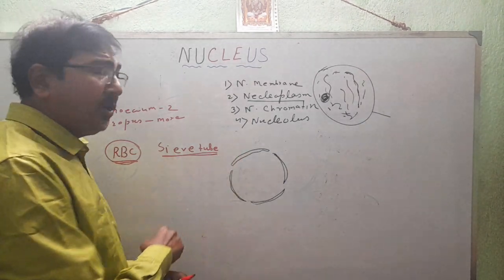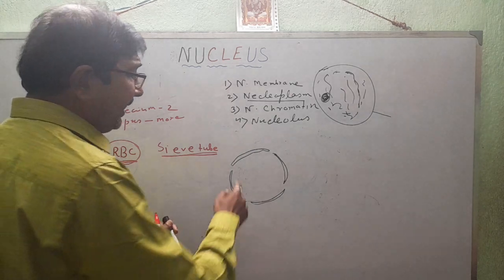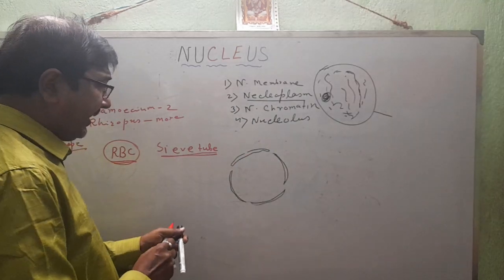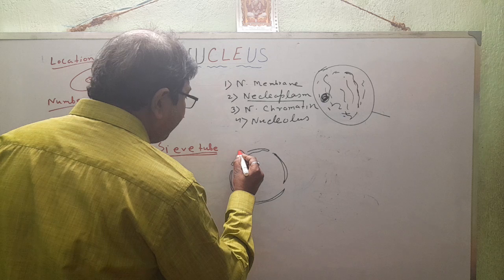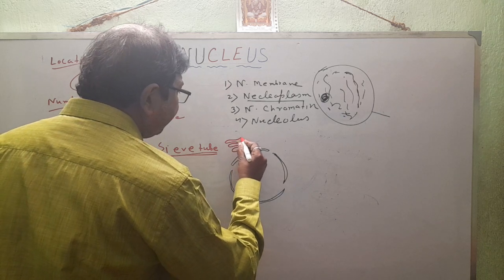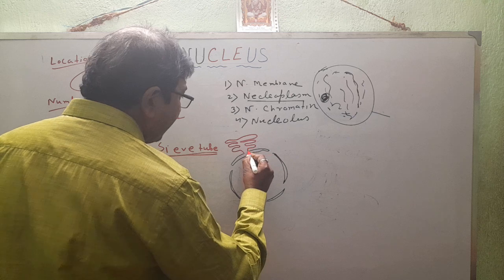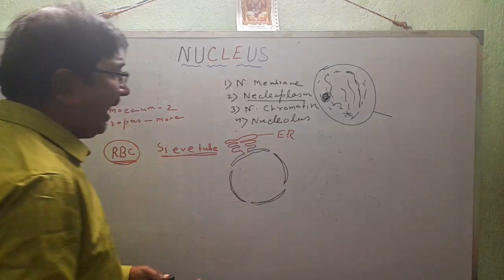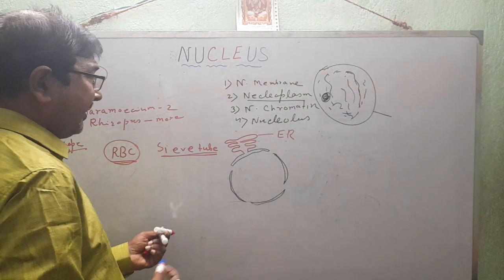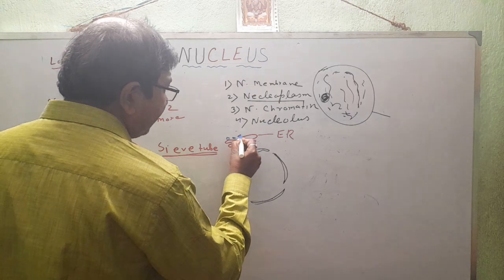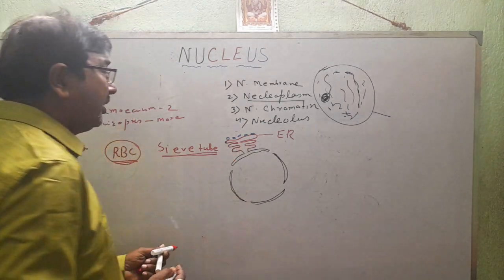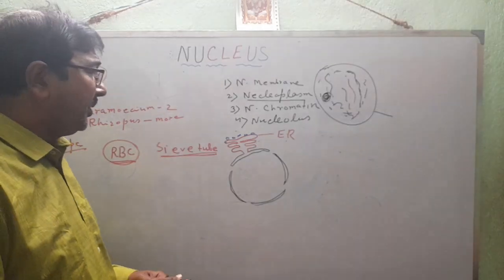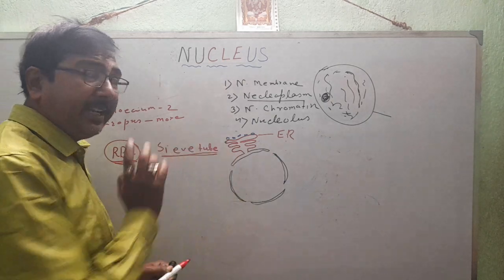It is called the perinuclear space. This outer membrane also connects with the endoplasmic reticulum, the ER. The endoplasmic reticulum contains some round structures. They are ribosomes. So the outer membrane of the nucleus contains ribosomes.